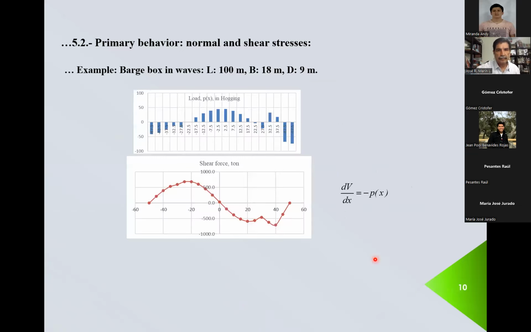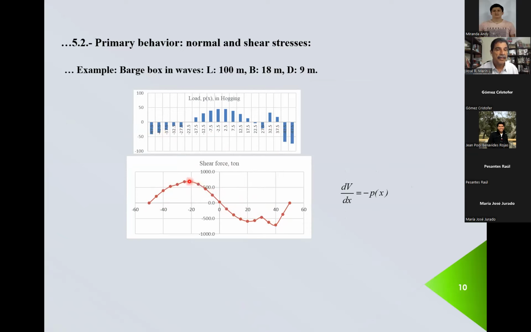And these are the results. This is the loading that we had before, and if we integrate, we get something like that. Here the loading is negative, so the shear force is positive.